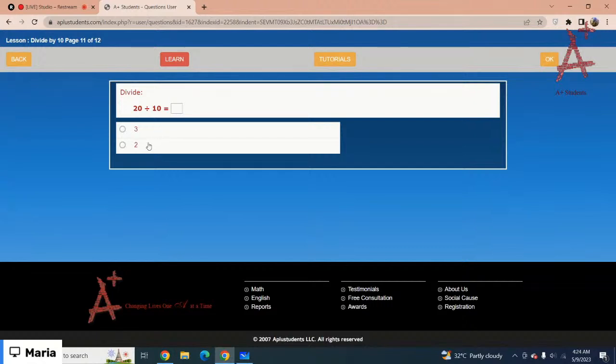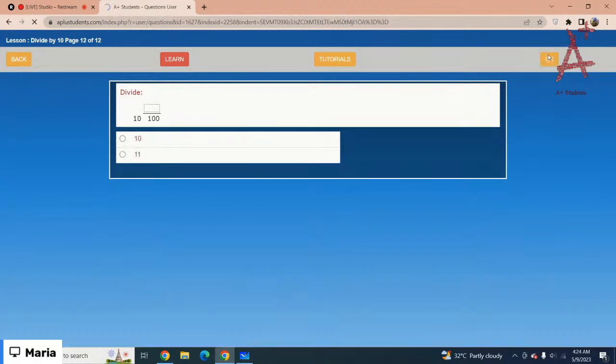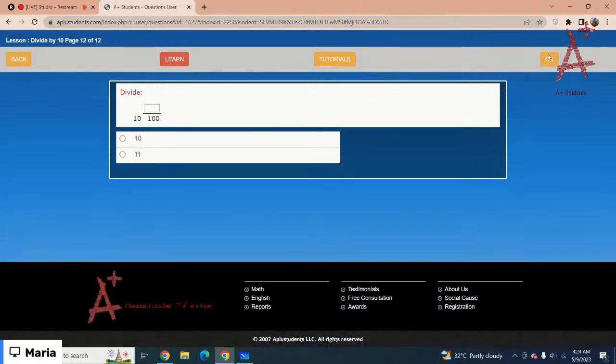So it would be 2. 100 divided by 10. 10 times what number is 100? 10 times 10 is 100. So the correct option is 10.